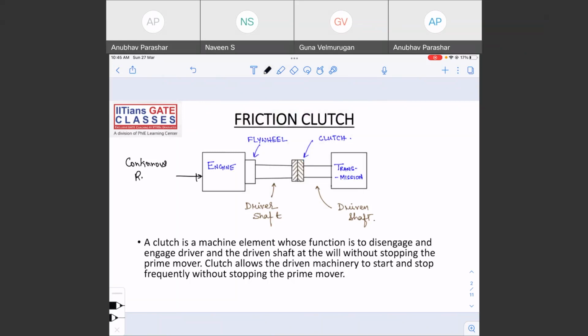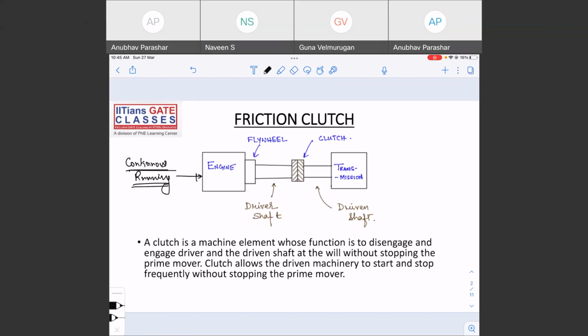The engine will continuously run. Now the transmission system transfers the power from the engine to different parts. For example, in your car, the engine is situated in one place, generally on the front side, below the bonnet.